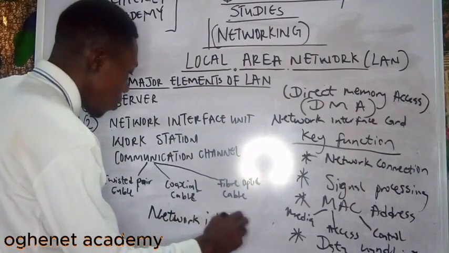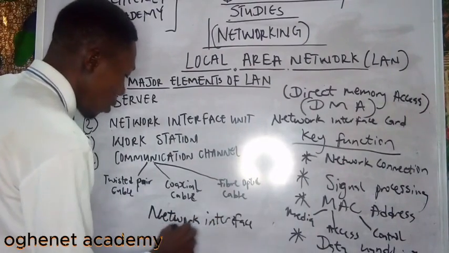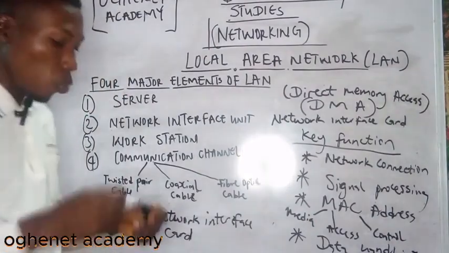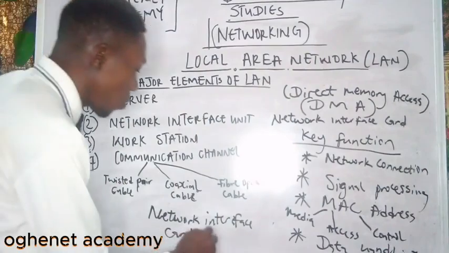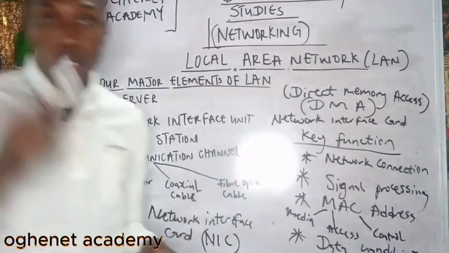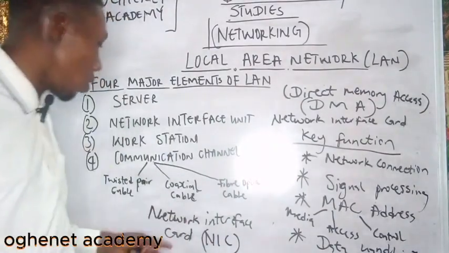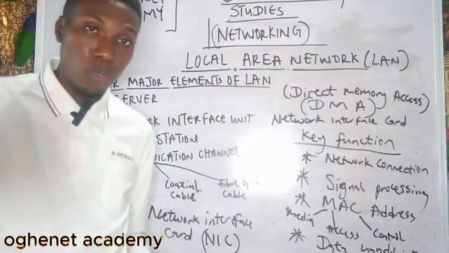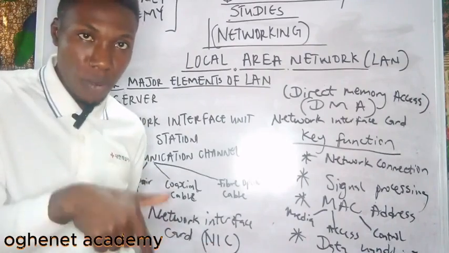I hope you can see this. So in your local area network, the network interface unit is actually your network interface card, which you can see below this video right now.